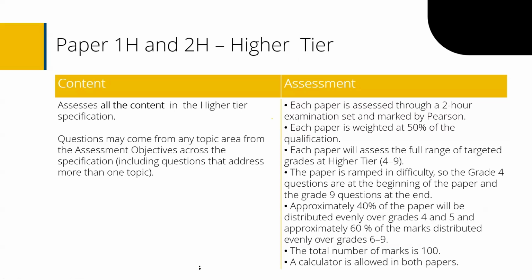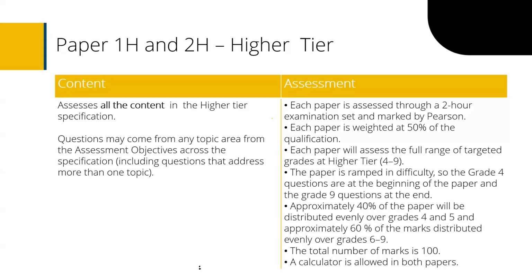For the next one, all the content from the specification can be assessed in 2 hours, and it's the same with the higher tier. There are 100 marks in each paper, but the grades are from 4 to 9. That's important because students need enough marks to get a grade 4 to sit the higher tier. 40% of the paper targets grades 4 and 5.